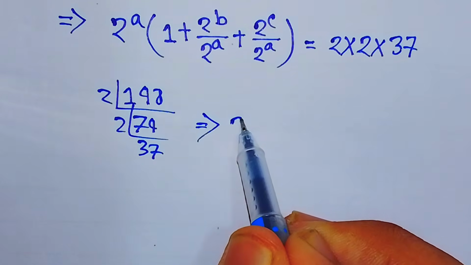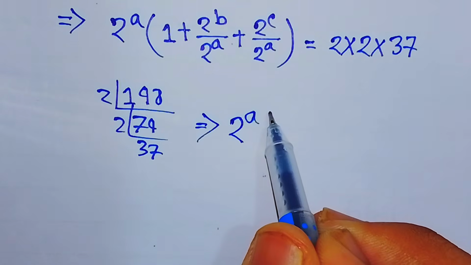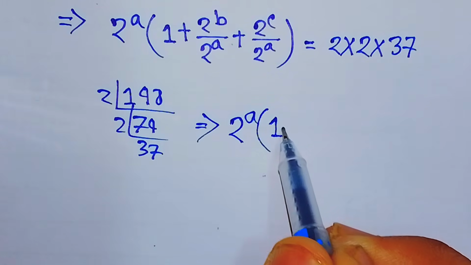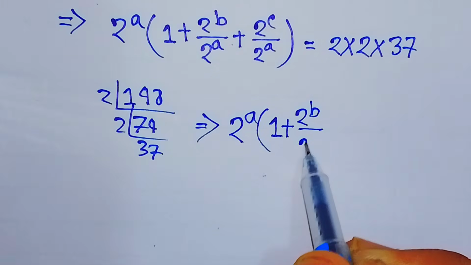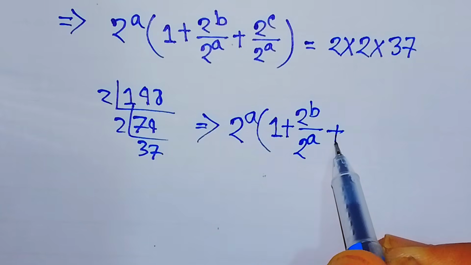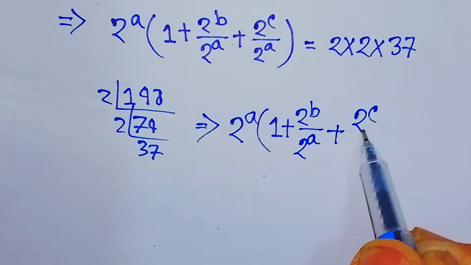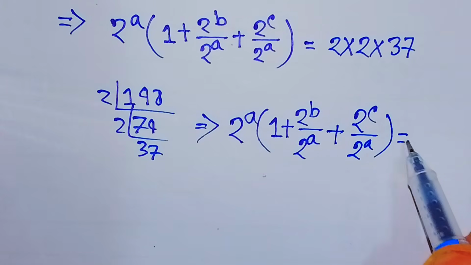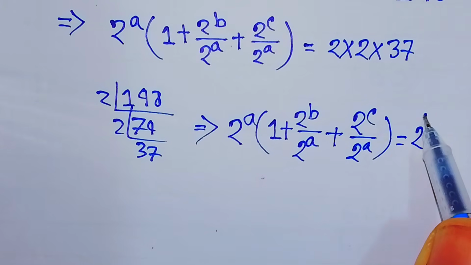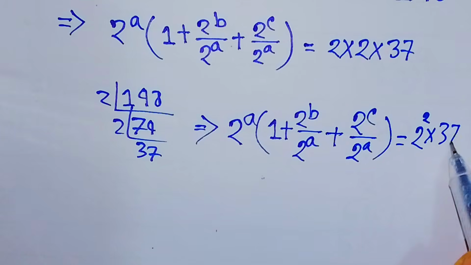So here we can write 2 to the power a bracket 1 plus 2 to the power b divided by 2 to the power a plus 2 to the power c divided by 2 to the power a bracket is equal to 2 square times 37, because 2 times 2 is equal to 2 square.